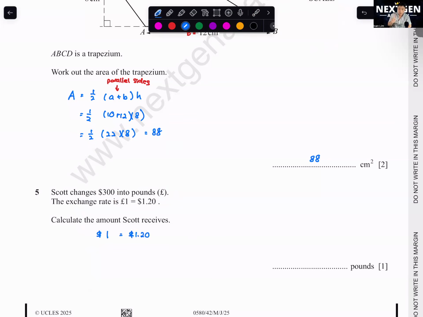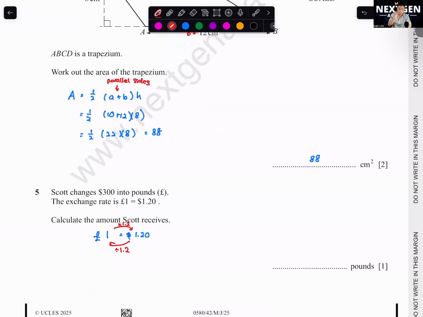Only if it's 1, you can multiply by 1.2 like that. Pounds to dollars is times 1.2, and dollars to pounds will be divided by 1.2. This is the shortcut way if one of the units is 1.